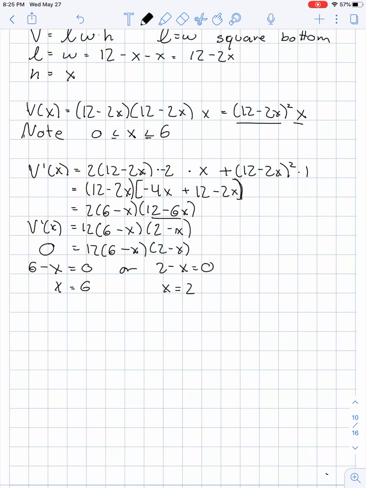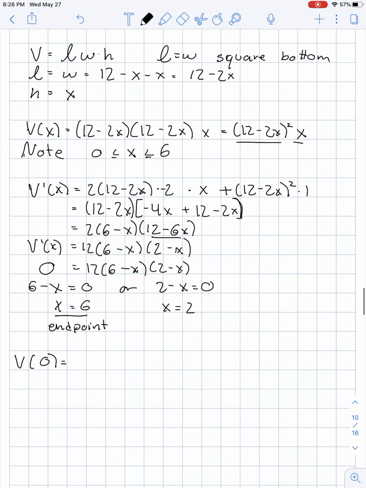So here in optimization, we are looking for absolute extrema because we have a closed interval, right? X is between 0 and 6. So I'm lucky enough here that X equals 6 is actually my endpoint. So if I plug 6, 2, and 0 into my volume, whichever one gives me my biggest volume is going to be my absolute max, which I want.